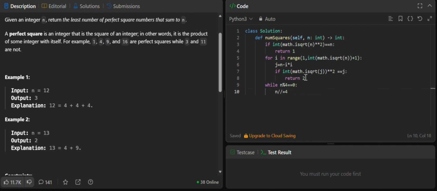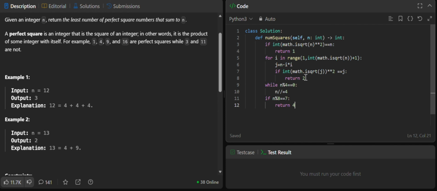For example, if your n value is 48, 48 divided by 4 is 12, and 12 divided by 4 is 3, like that. Then there is a special form: if n becomes 8b plus 7, the minimum answer is always 4. So we check if n modulo 8 is equal to 7, and we simply return 4 as the result.